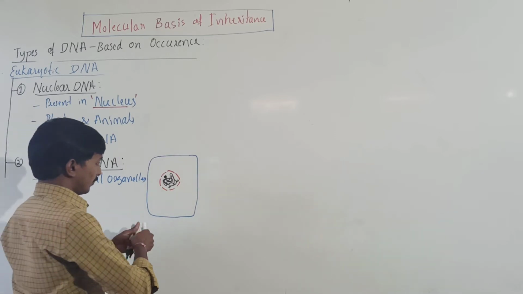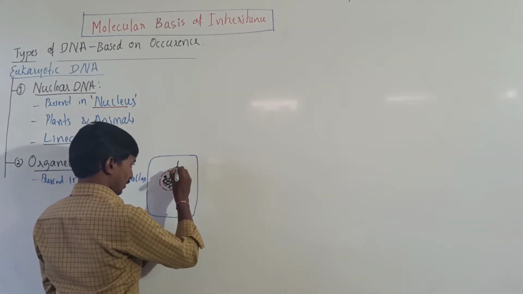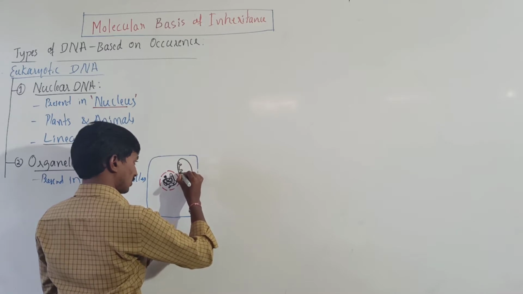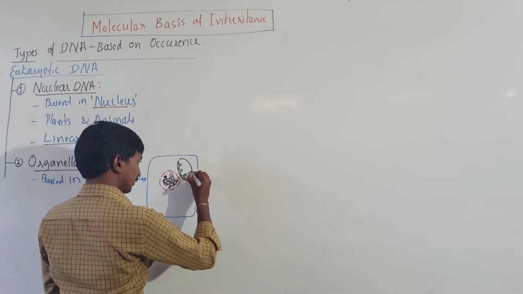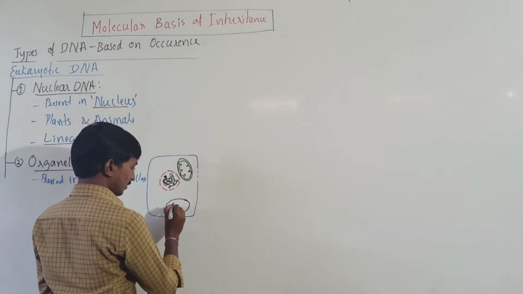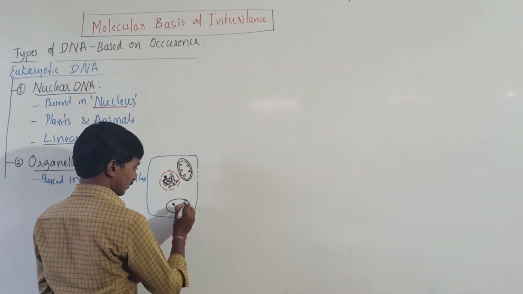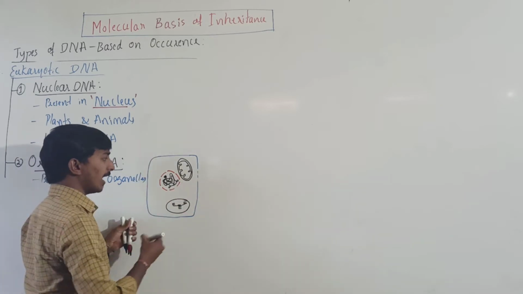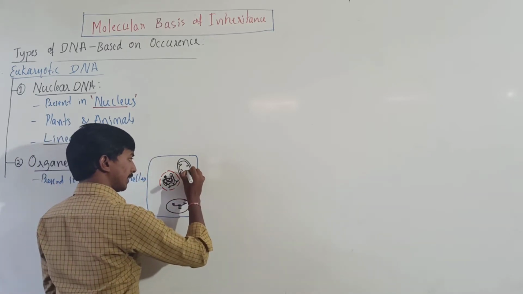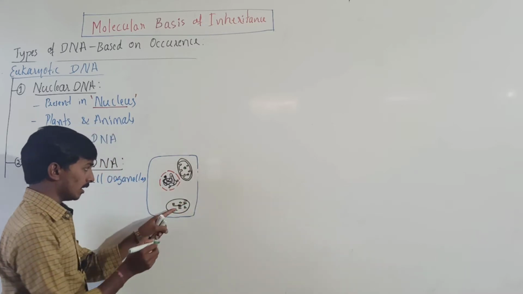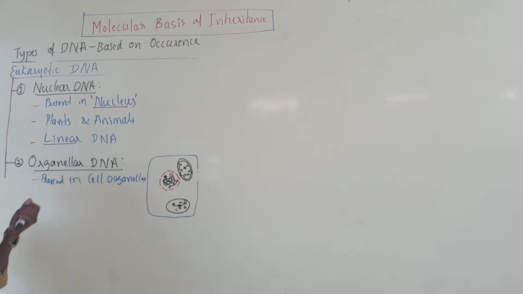For example, we have mitochondria here, and we have a chloroplast here. The mitochondria and chloroplast have some sort of DNA. This DNA is known as organellar DNA, nothing but the DNA present in the cell organelles.